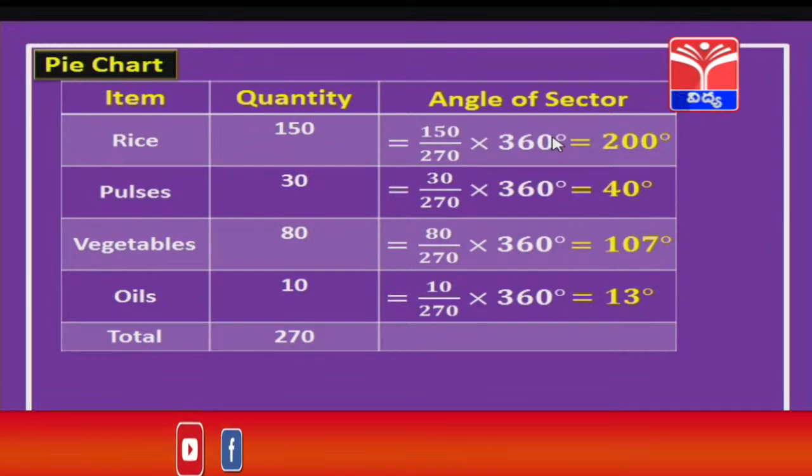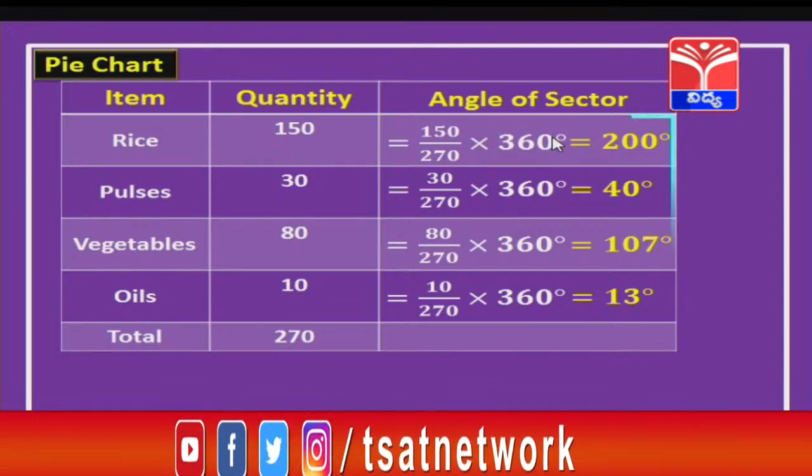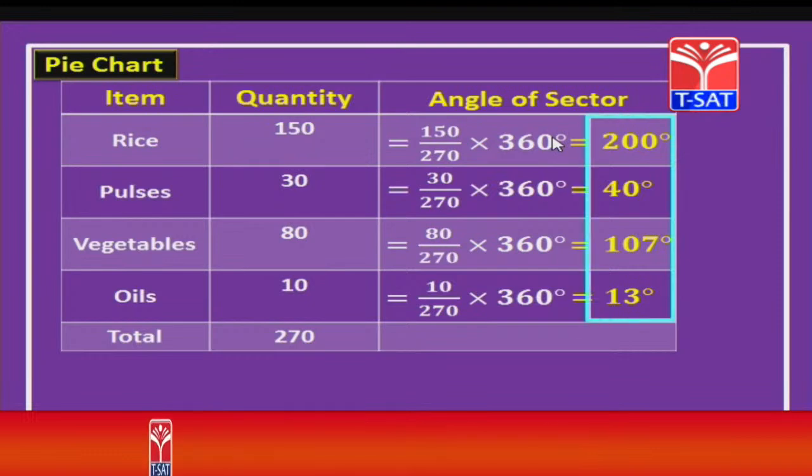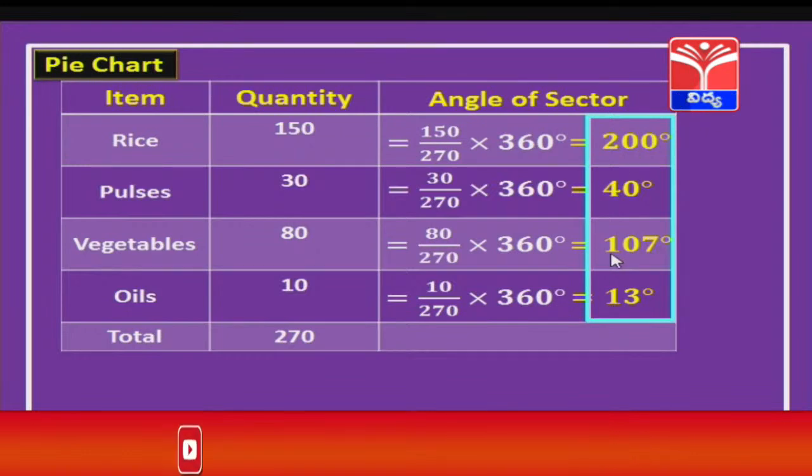So, you got all the angles for rice, pulses, vegetables and oils, children. Now, the most important thing is that we need to find the sum of all these angles. Let us see how much you got. 200 plus 40 is 240, plus 107 is 347, plus 13 is 360.